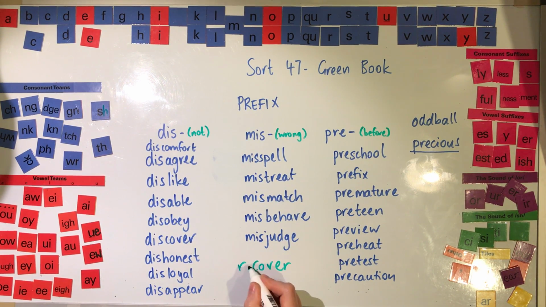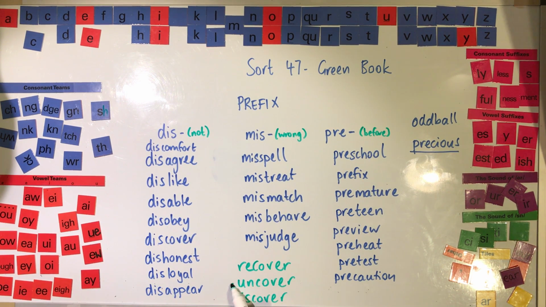We can have recover, as in I want to recover the leftover food and put it back in the fridge. It can also mean recover, like I'm going to have a rest and recover from my exhausting day out. You can have uncover, where you take the cover off something, and then discover, which sort of means to explore something or reveal something.